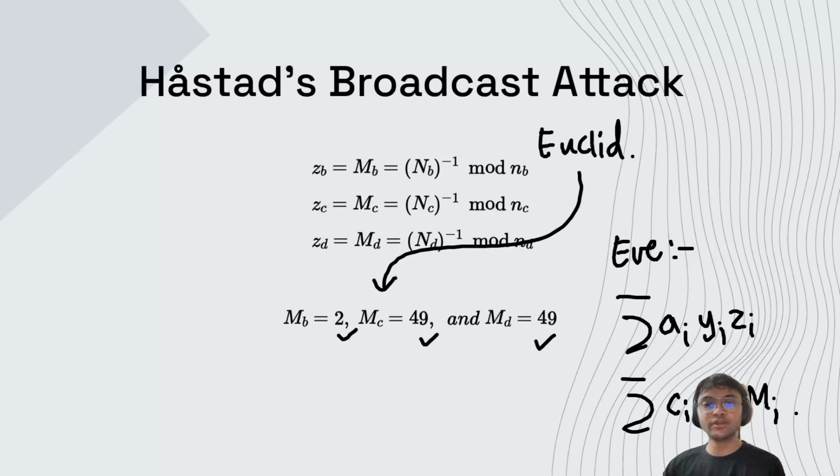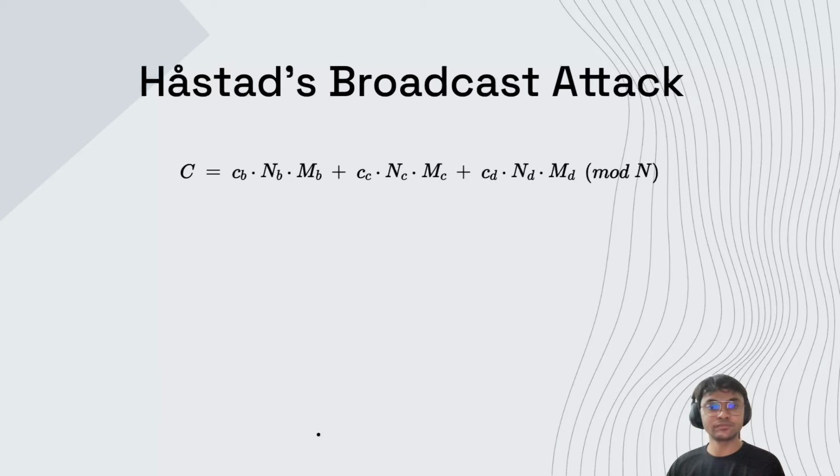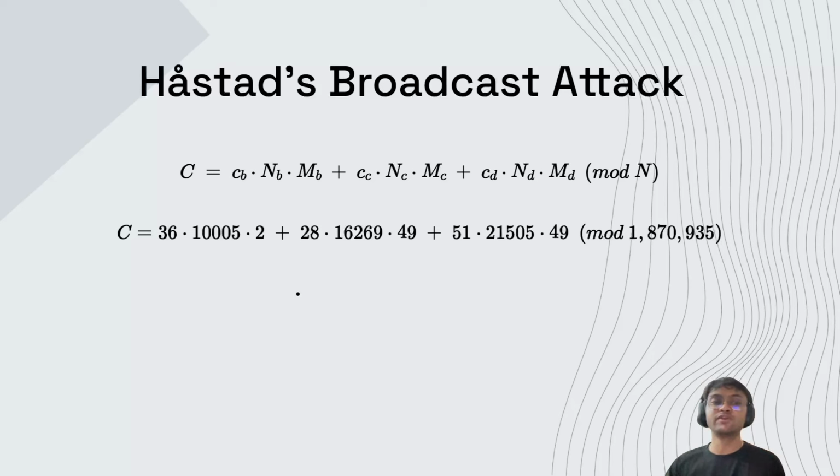Now, at this point, Eve is ready to plug this in. They know the values of the CI's, NI's, and MI's rather. Now, Eve can simply plug those values in. We have calculated this right now.